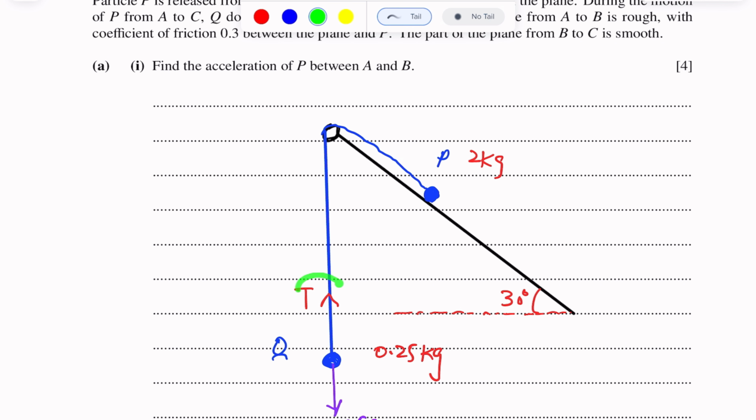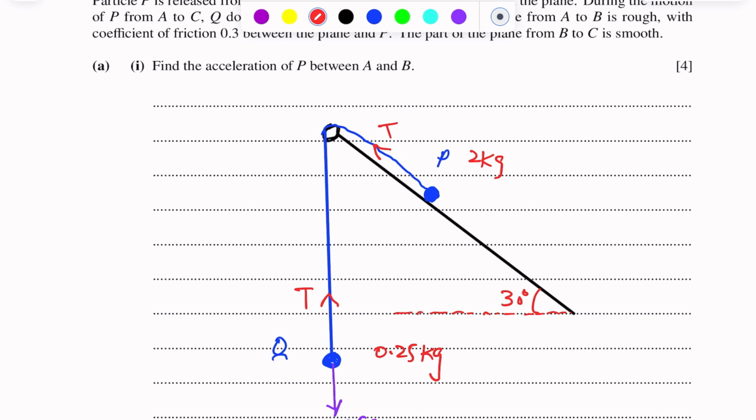The direction of tension is towards the pulley, and on this side, on particle P, the direction of the tension is also towards the pulley.